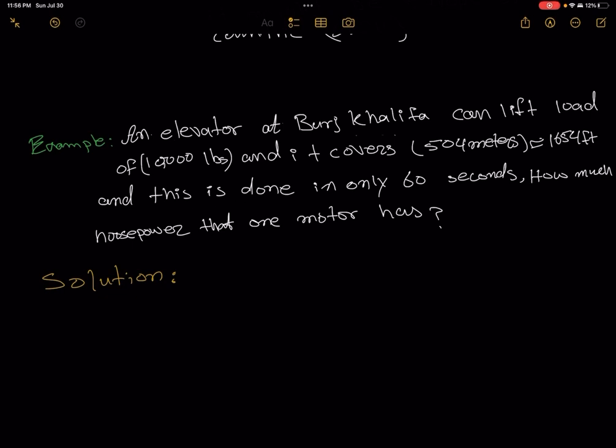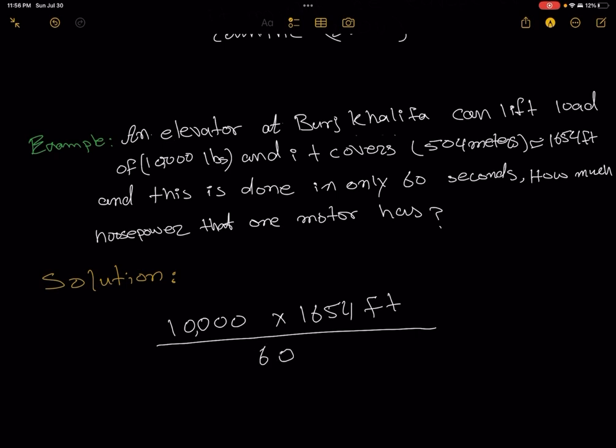How much horsepower does that take? It's quite an example. We did the same kind of example with the Tesla. 10,000 pounds times 1,654 feet, done in 60 seconds.